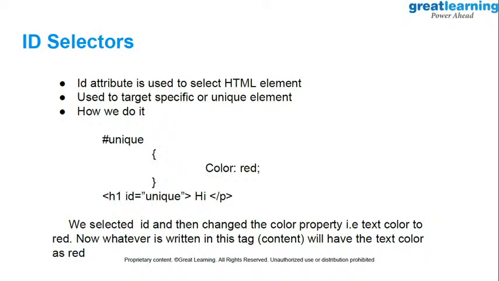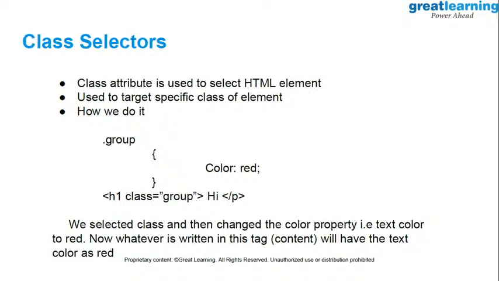Now there is one more thing, that is the class selector. If you want to select a group of elements, you see the chronology. Basically h1 will select all the h1s.